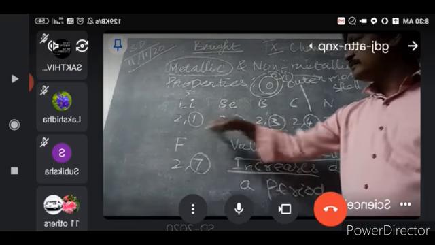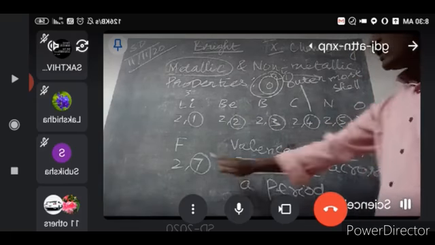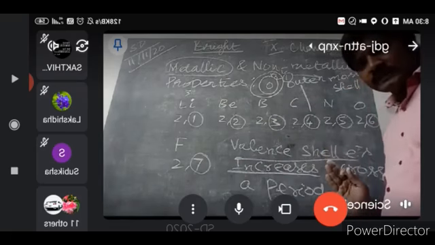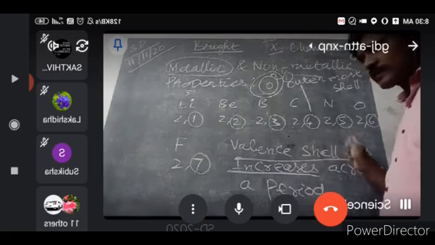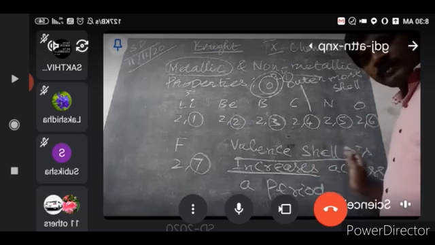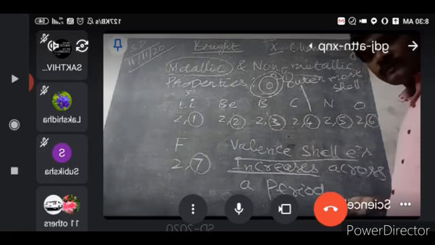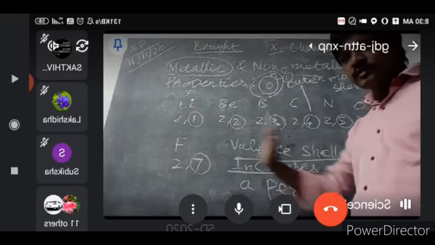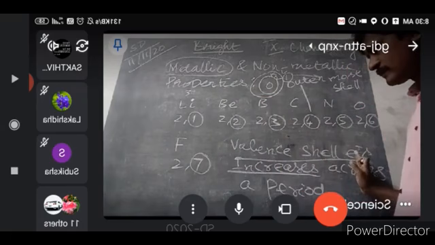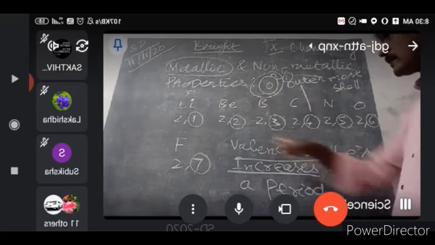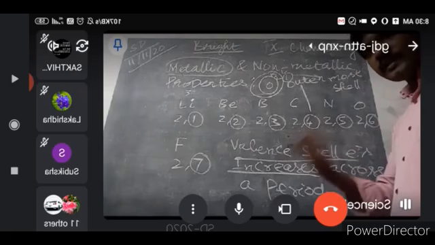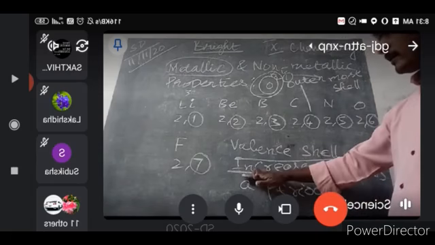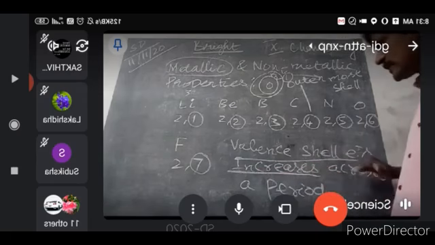The tendency to lose electrons is the basic property of a metal, and here the valence shell electrons are increasing in order. So obviously across a period the metallic character, or the tendency to lose electrons, increases. Why? Because the valence shell electrons are increasing, so it will try to donate the electrons. So we have written here: increases across a period.